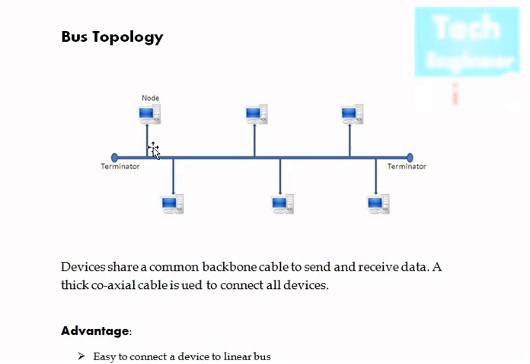This terminator is created because, for example, if device 1 sends distributed data to the sixth device, and that sixth device is out of order, not working, and not able to participate in the network, then this packet will keep on moving in the network.